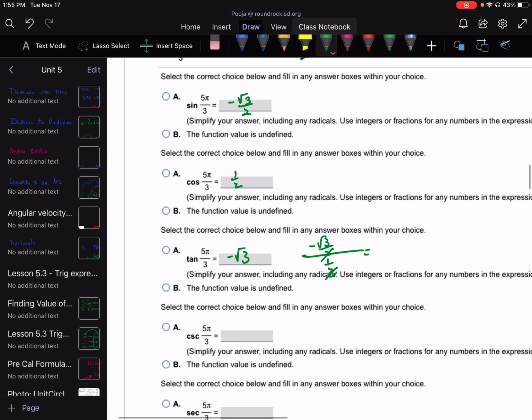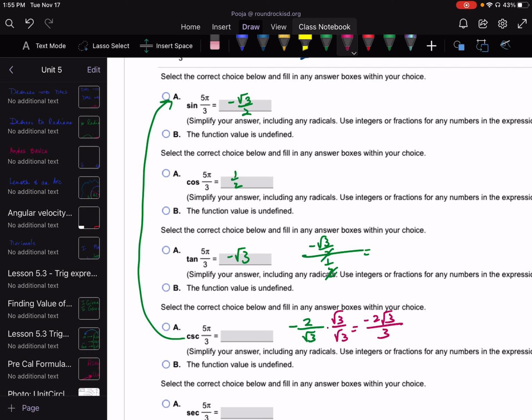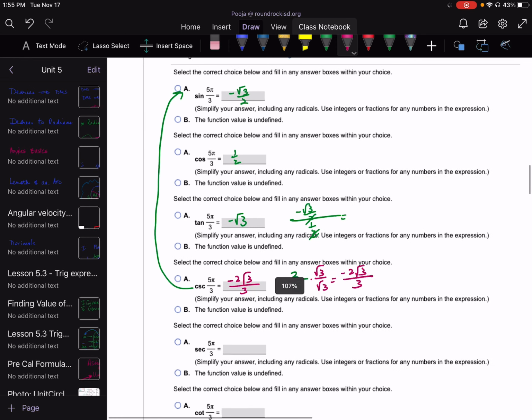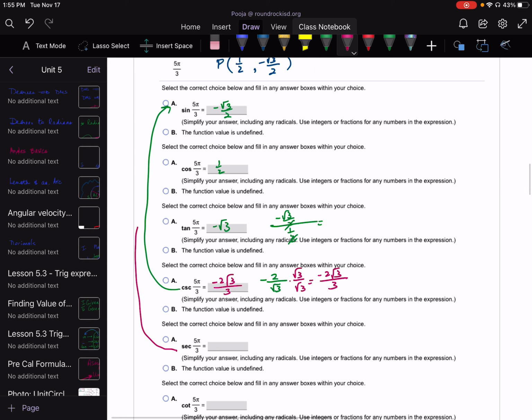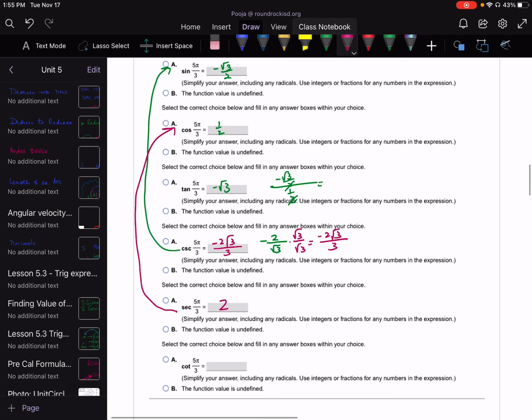For the other 3, cosecant is the reciprocal of sine, so it will be 2 over root 3 with negative, but you'll have to rationalize it. Negative 2 root 3 over 3, and that's what will go here. Secant, on the other hand, is reciprocal of cosine, so 1 over 1/2 flips over to 2.